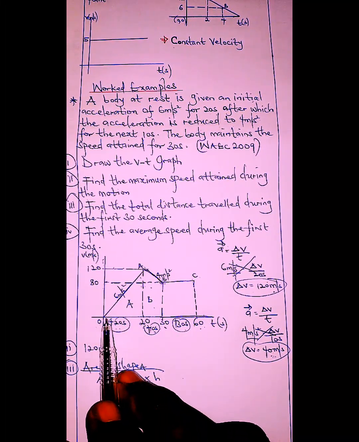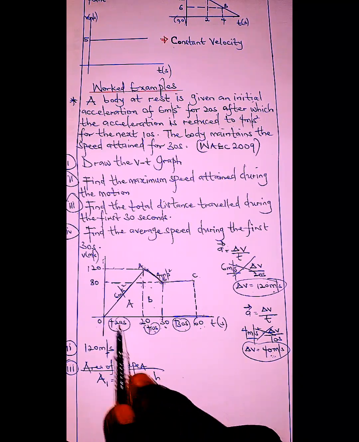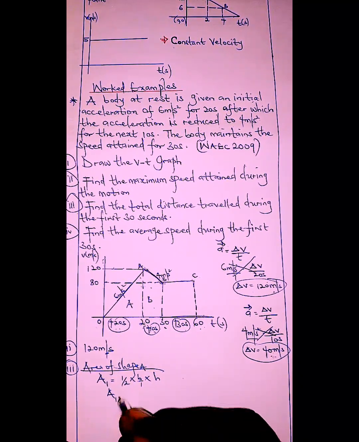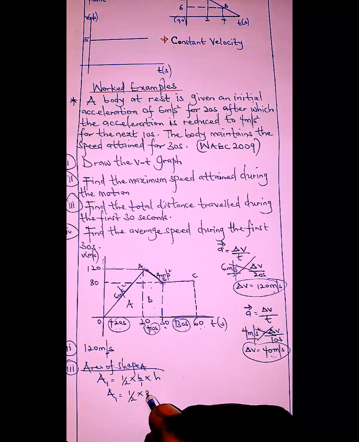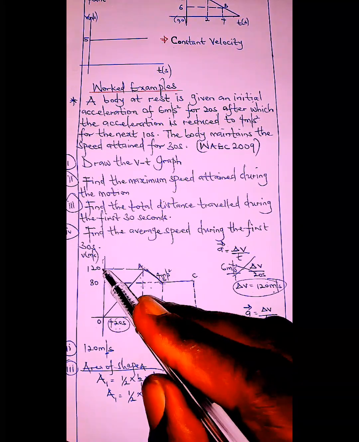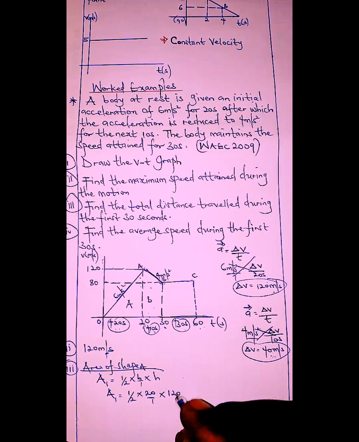The base is simply the distance from 0 second time to 20 second time. So that's just 20 seconds. So area 1 is 1 over 2 times 20, then times the height. What's the height? That is simply the 0 meter per second speed at the reference point up to 120 meter per second speed, which is the max height. So that's going to be 120 minus 0, 120. So the height is 120.